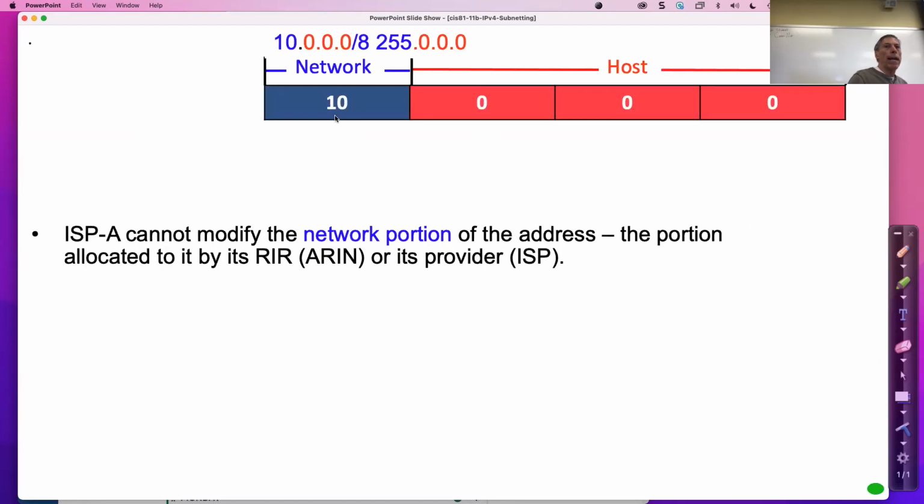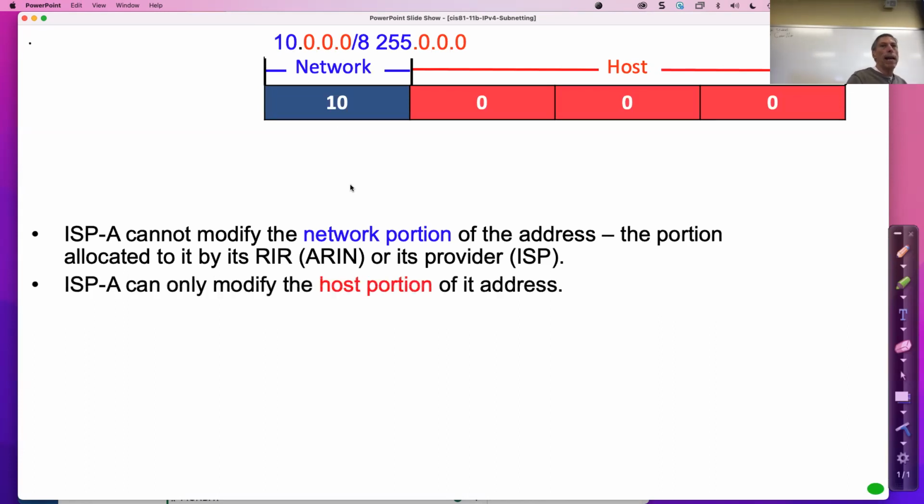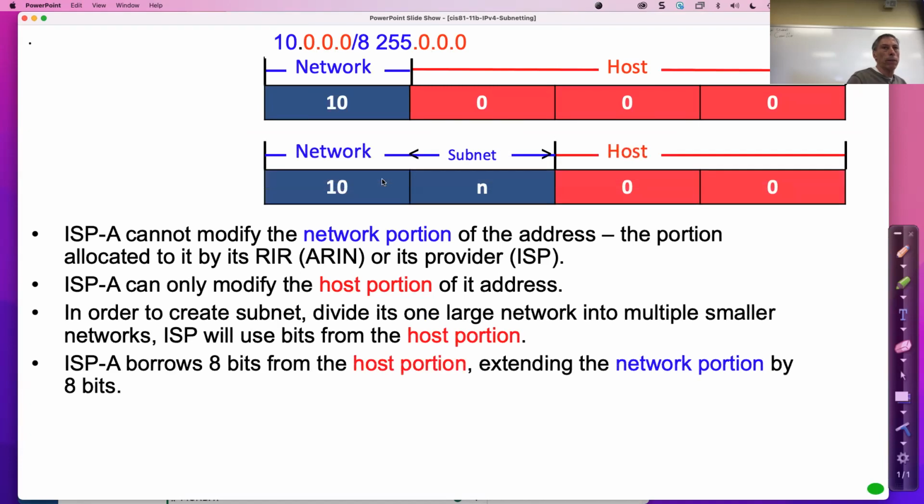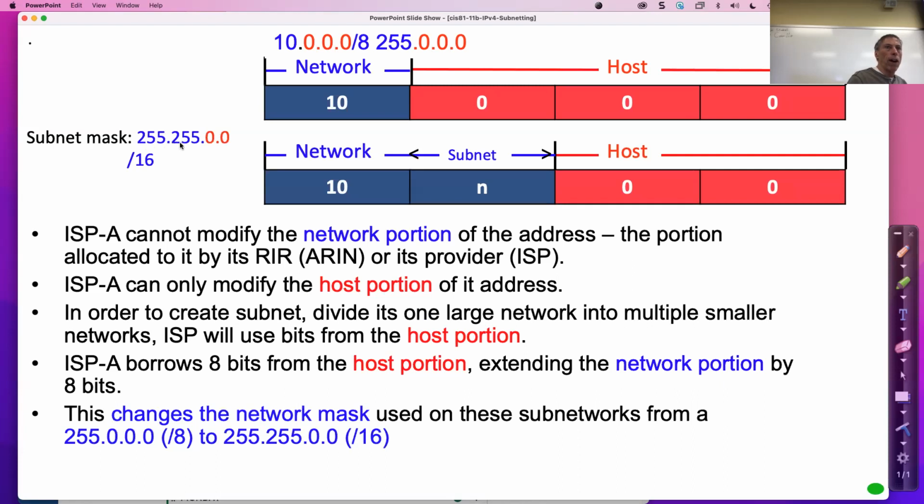All right, so they cannot modify this, the 10. That came from ARIN. But what they can do is modify the host portion. So they can extend the mask 255.255.0.0. So we went from 255.0.0.0 to 255.255.0.0, from /8 to /16.